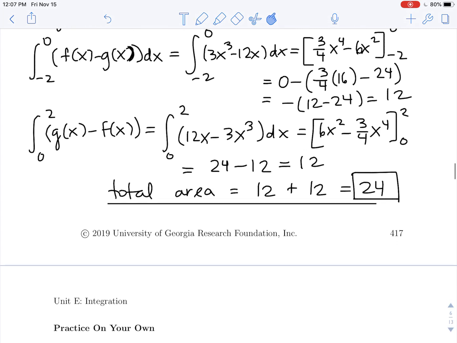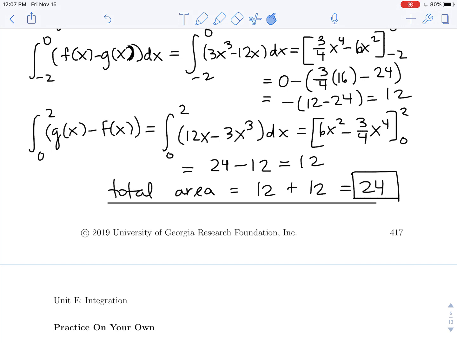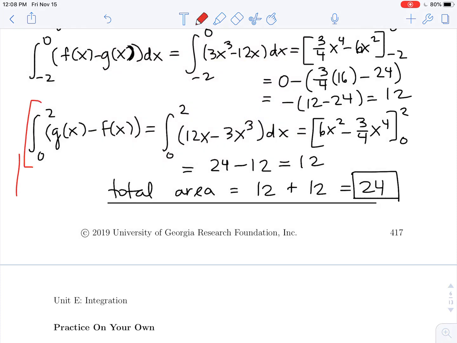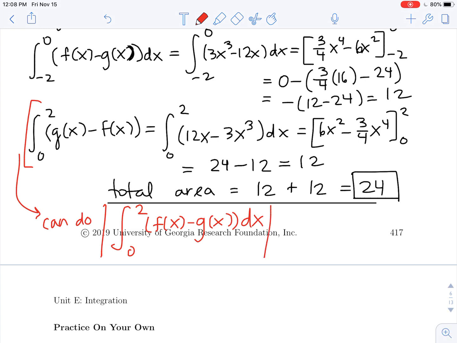Now, if you didn't want to take the time to figure out which function was actually on top on each portion, you could integrate the same one both times. So for the second definite integral, for example, you can do the definite integral from 0 to 2 of f of x minus g of x dx, and then take the absolute value of the answer that you get instead.